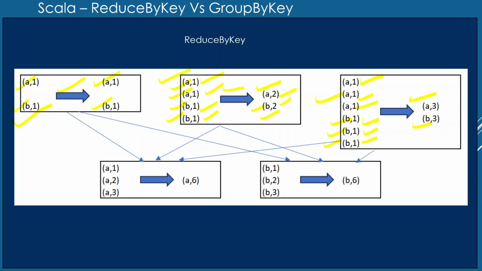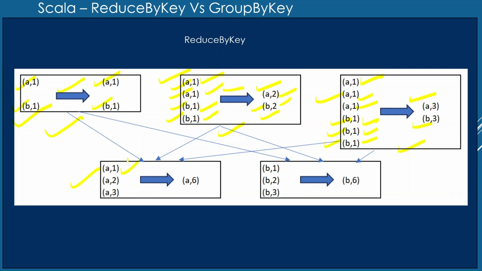Now, when all the reduction functions are completed, then at the last stage, reduceByKey shuffles the data from different executors to another executor, in a partition. Suppose this is the partition which sits in a different executor. All the values from these partitions come here.